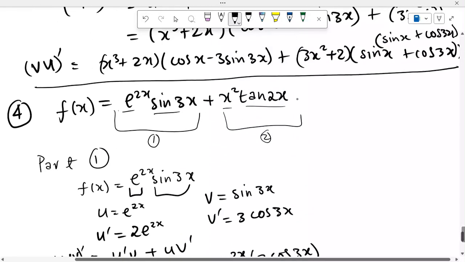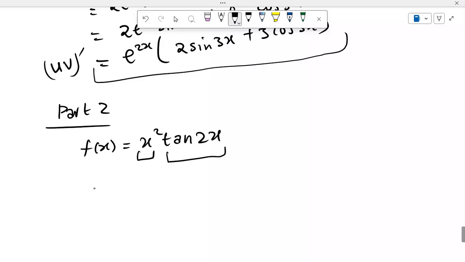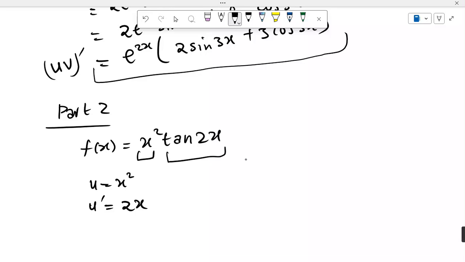Here again you pick which one is your u and your v. So u is x squared, meaning u prime is, you drop the 2, subtract the power by 1, and we just have 2x. Then v is tan 2x.